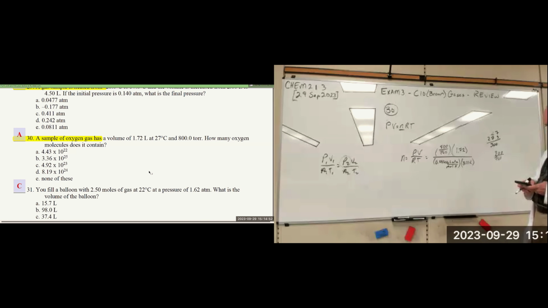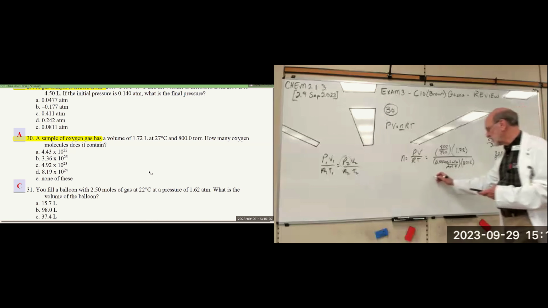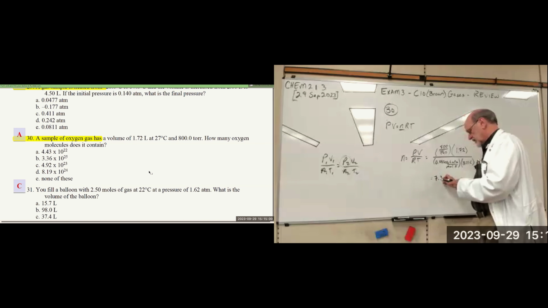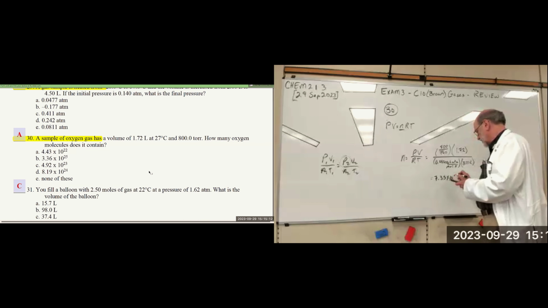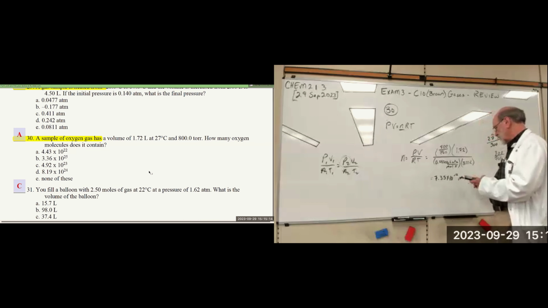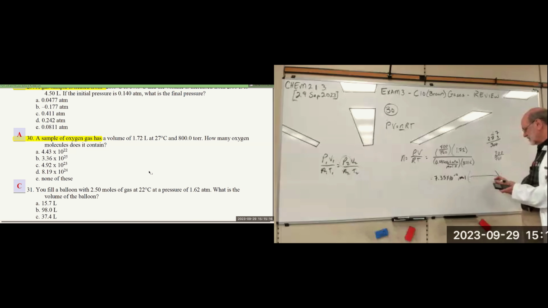Let's see, 800 divided by 760, then times 1.72 divided by 0.08206 and divided by 300. And this is 7.35 times 10 to the minus 2 moles. Then we want to convert that to molecules with Avogadro's number, 6.022 times 10 to the 23rd.